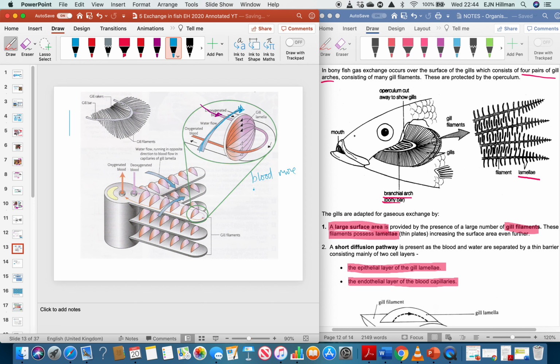Move in the opposite direction to the flow of water. Now that is a really useful phrase, and we'll have a look at why in a second, but that is usually worth 1 mark.